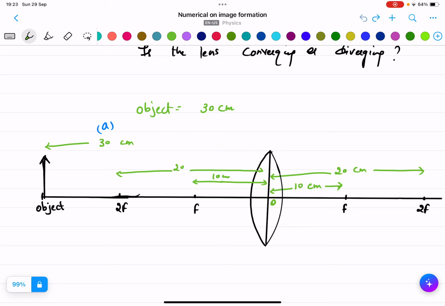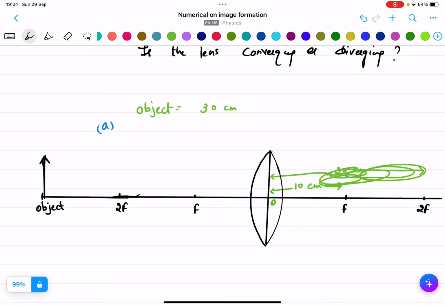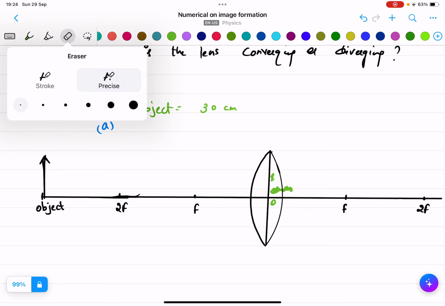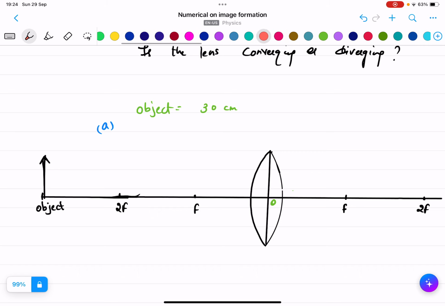Now I am removing these marks because I need to create the diagram. When you are making it on the graph, you need to consider the distance by yourself. It is very important. If you do not see the distance, the image will not be proper.